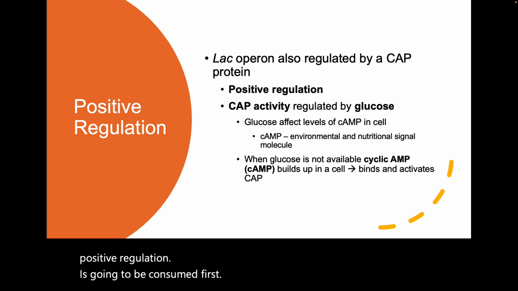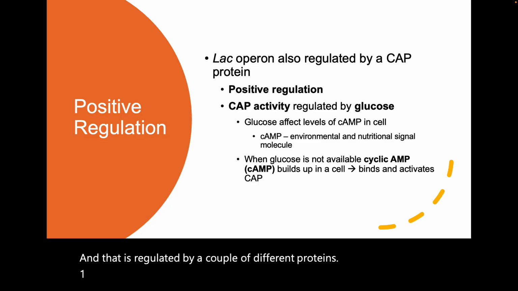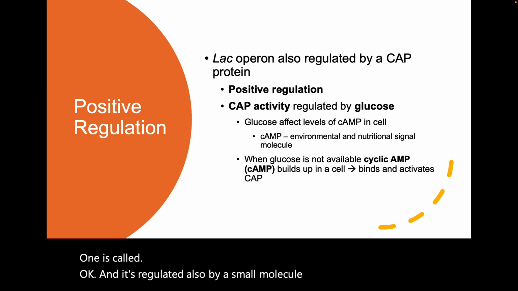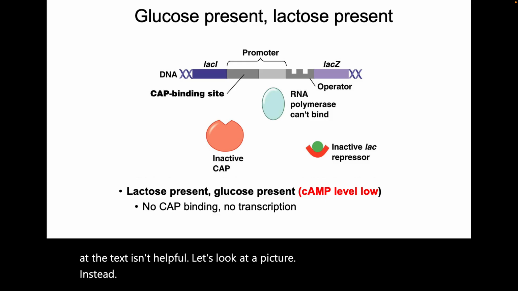And that is regulated by a couple of different proteins. One is called CAP. And it's regulated also by a small molecule called cAMP. I think looking at the text isn't helpful. Let's look at a picture instead. So in a situation, you have a cell, right? So there's four possibilities for a cell.